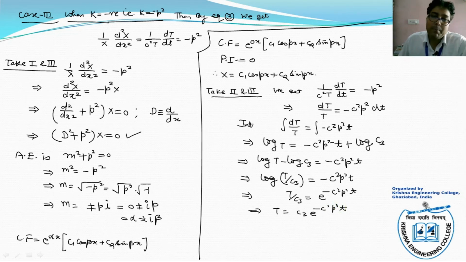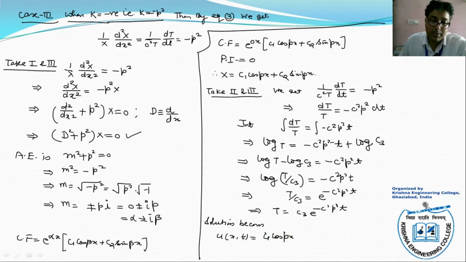Put the value of capital X and capital T in the equation second. So the solution in this case becomes u of x comma t is equal to c1 cos px plus c2 sin px into c3 e to the power minus c square p square t.